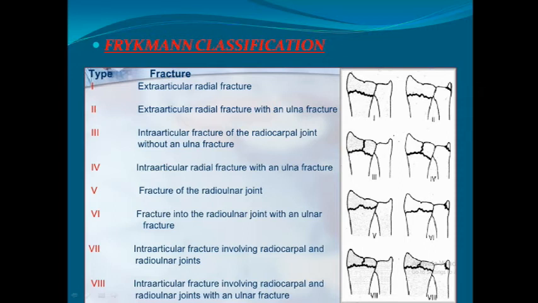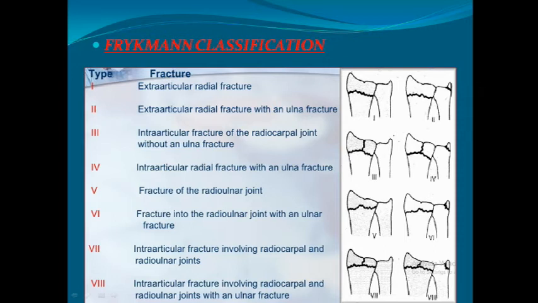In type 7 what happens? Intra-articular fracture with radiocarpal and radio-ulnar joint involvement. Means here you will have intra-articular towards this, and you will have radio-ulnar joint involvement also. Understood? Very simple.